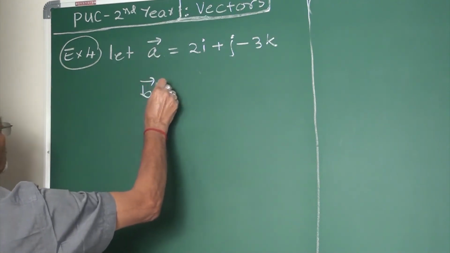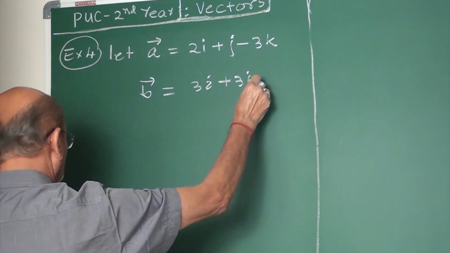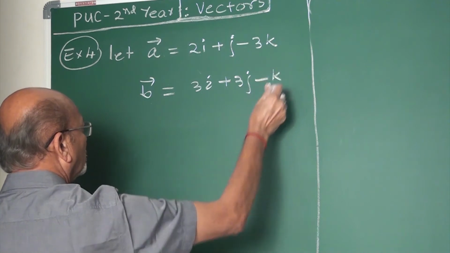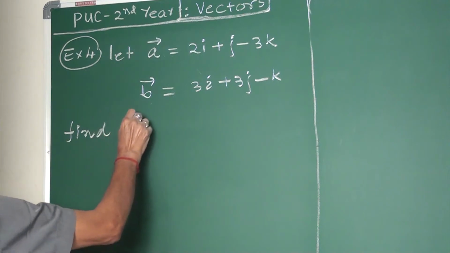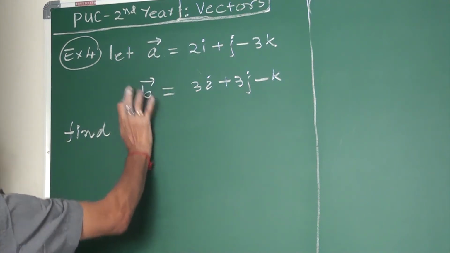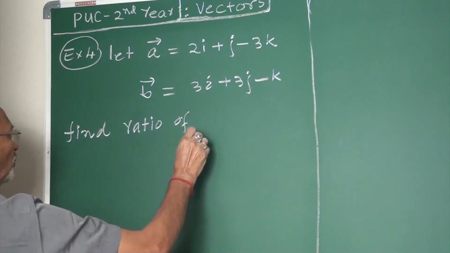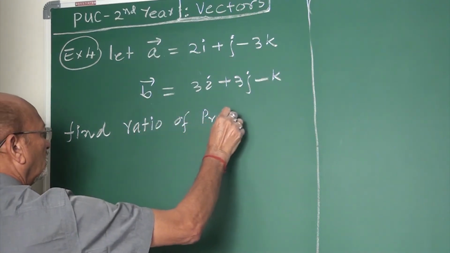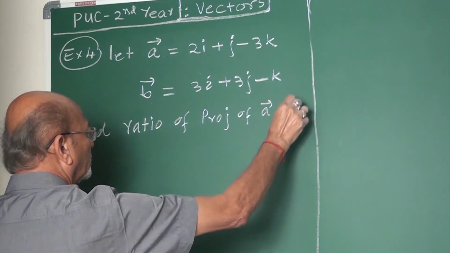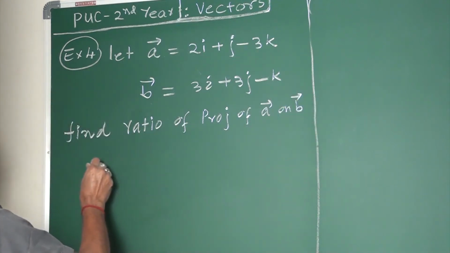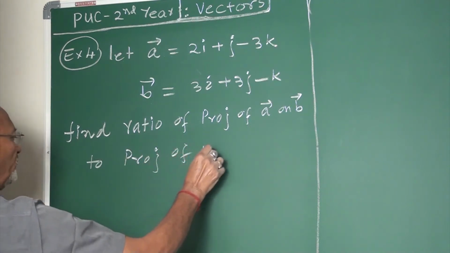Vector B equal to 3i plus 3j minus k. Then find the ratio of the projection of A on B to the projection of B on A.